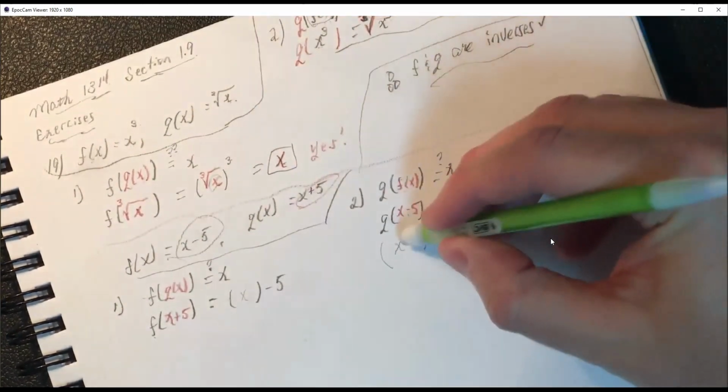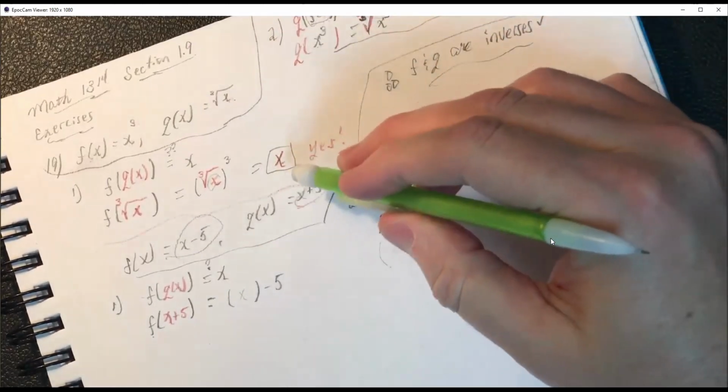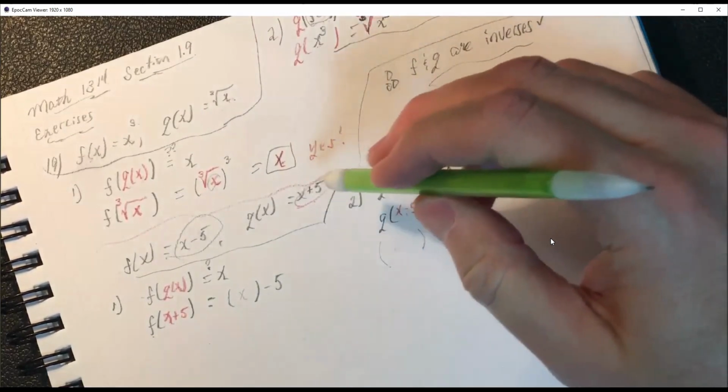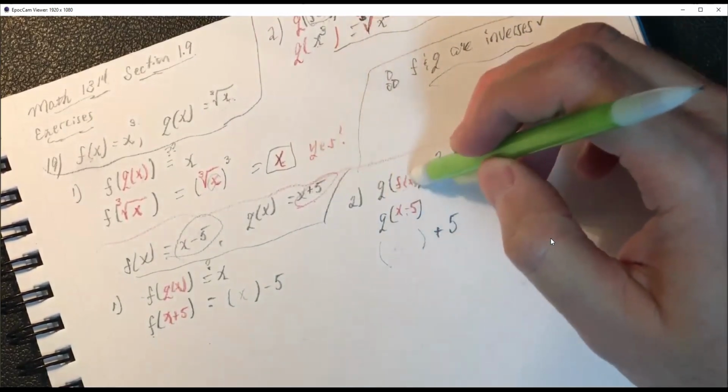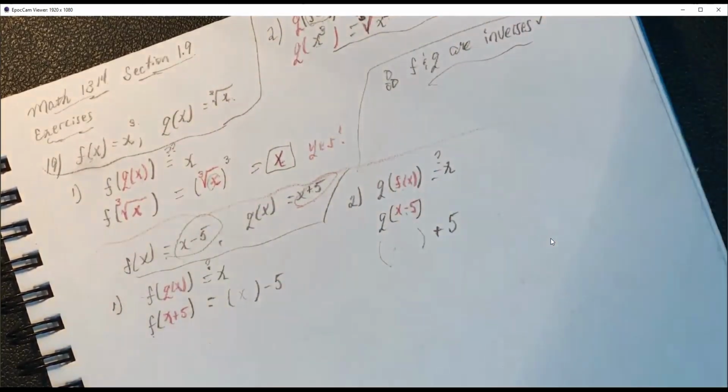But instead of writing x plus 5 for g of x, instead of the x, we put in f, which is x minus 5. So right here, we put the x minus 5.